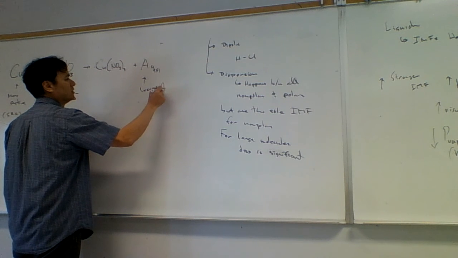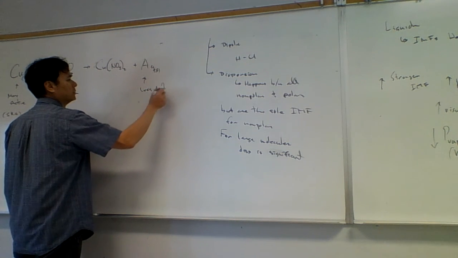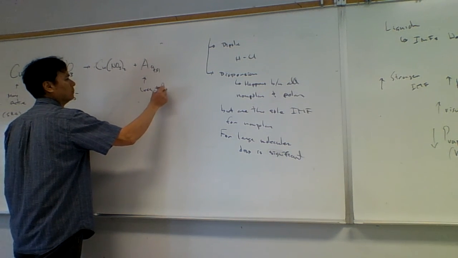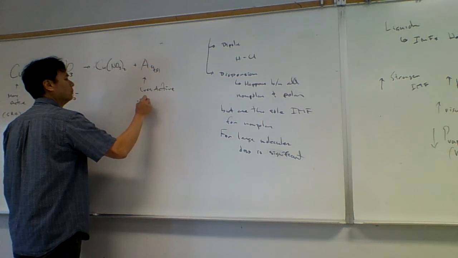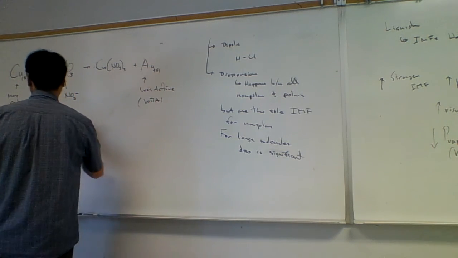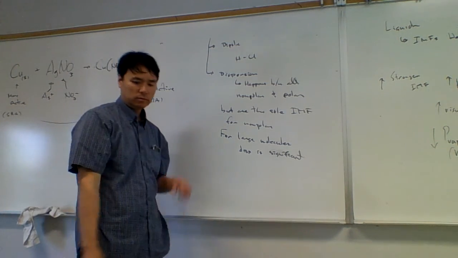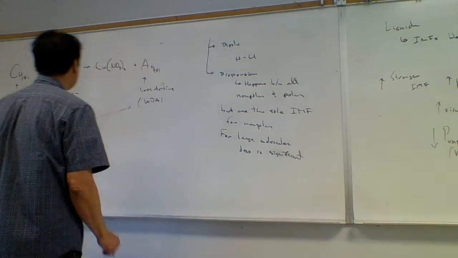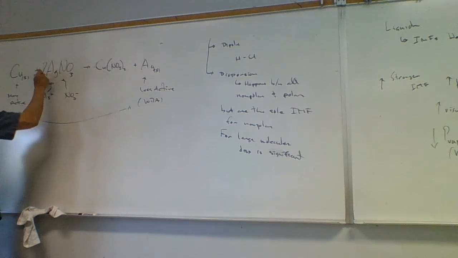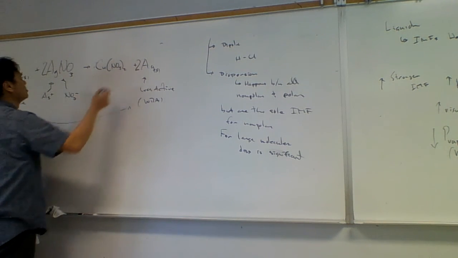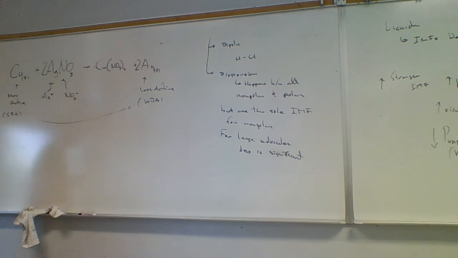Less active means weaker reducer. So the driving force is going from a stronger reducer to a weaker reducer. And therefore, we expect reaction. So let's go ahead and balance it. We'll need 2 silver nitrates. And that'll give us 2 silvers here. Just balance.